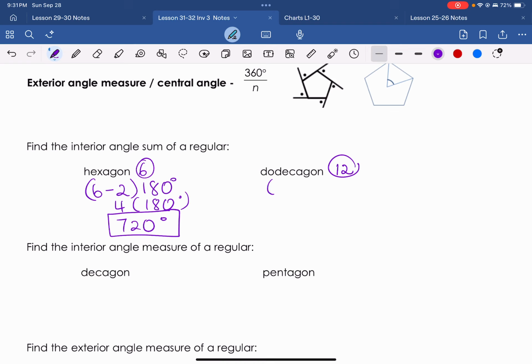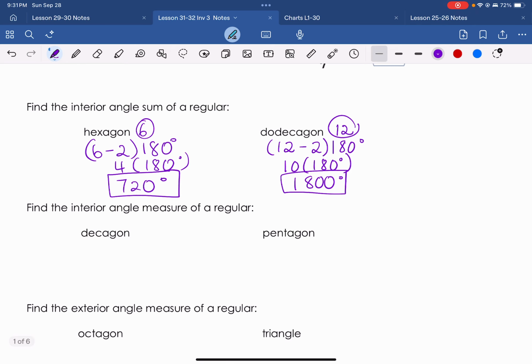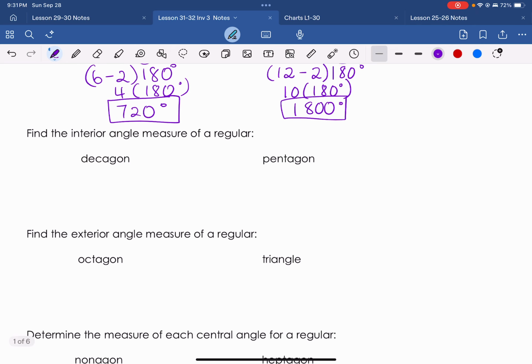Okay, so we plug in the number of sides, which is 12, into the formula. 12 minus 2 times 180 degrees. 12 minus 2 is 10 times 180 degrees is 1800 degrees. So a dodecagon's sum of all the interior angles is 1800 degrees.